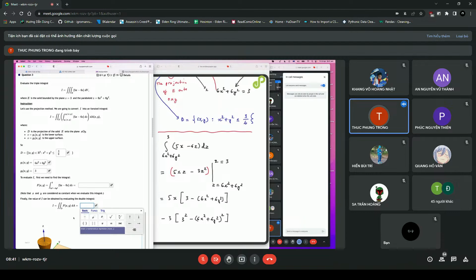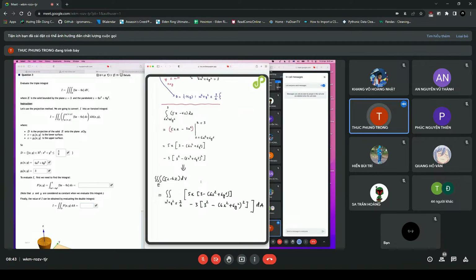One thing we can see is that this guy disappears, right? Because this is an odd function with respect to s, and the domain is obviously symmetric about the OY axis. So if you remember that property, you can see that this is 0 when we integrate over it.